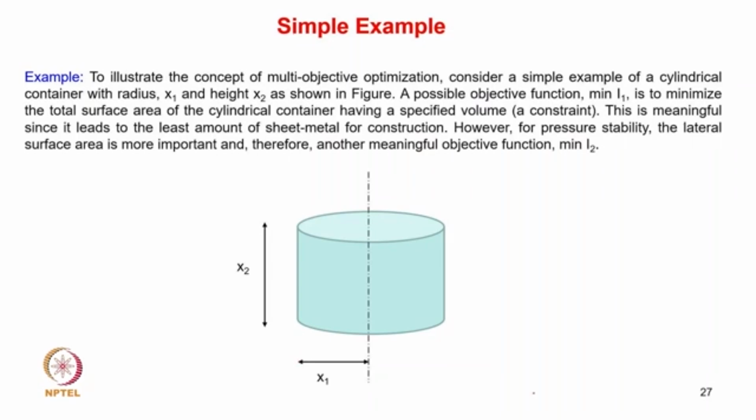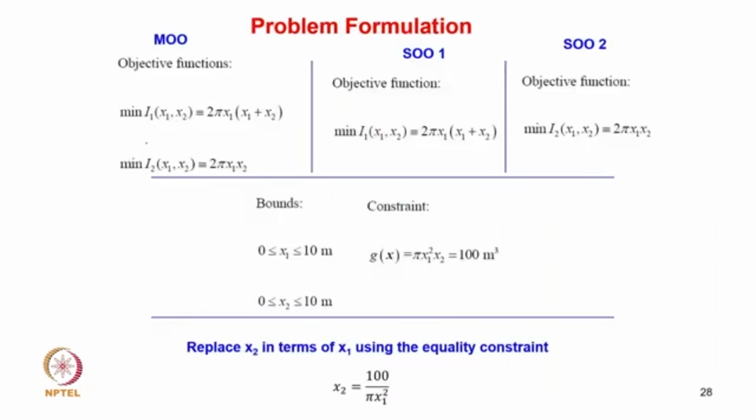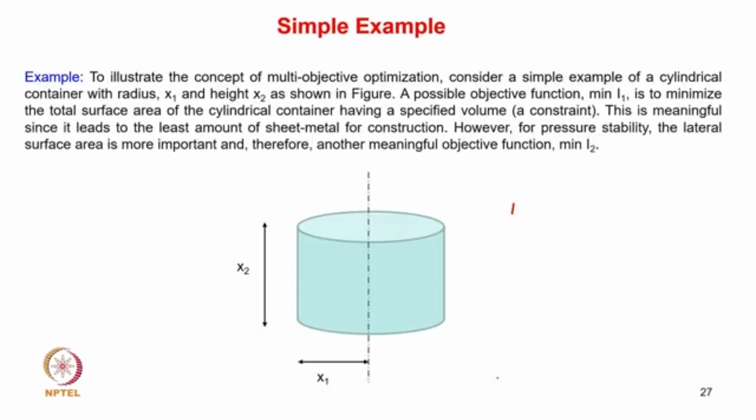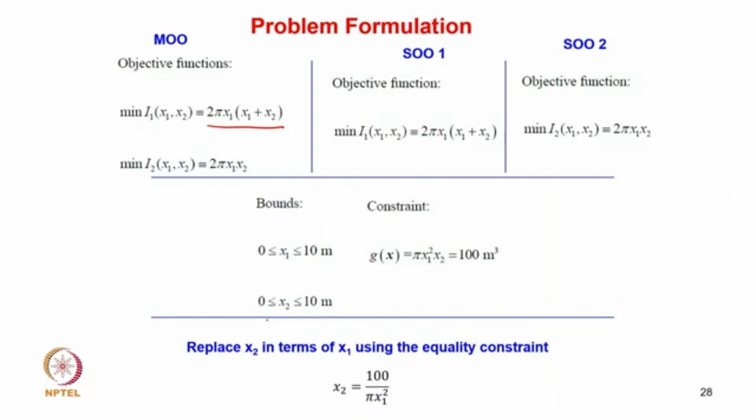So in this case, objective 1 is to minimize the total surface area of the cylindrical container, which is nothing but 2 pi x1 (x1 + x2). Here you can see that x1 is the radius and x2 is the height, and the second objective function is 2 pi x1 x2, which is nothing but the lateral surface area.